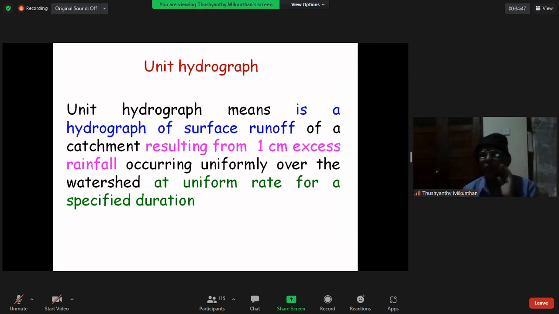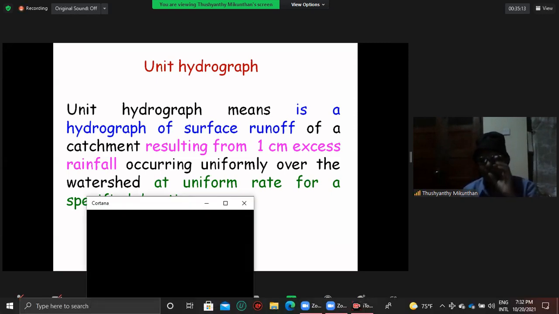Suppose it is a large watershed, that is not possible, so we assume a uniform distribution of rainfall for a specified duration. So you see the question: derive the 4 hour unit hydrograph, 2 hour unit hydrograph, 1 hour unit hydrograph, which means we are defining it for a particular duration.